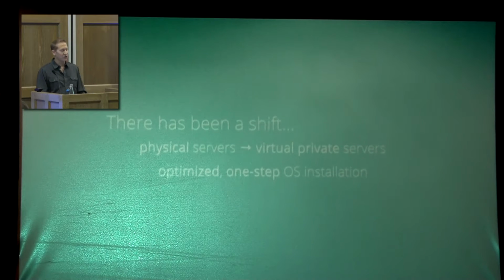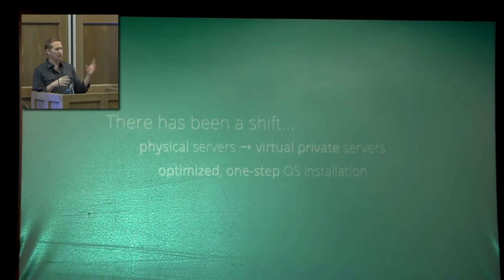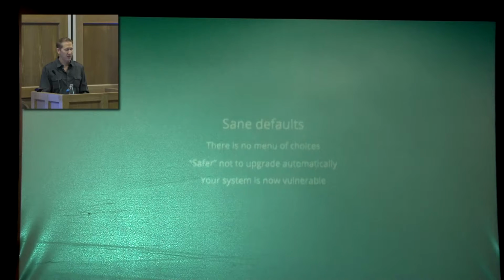Well, in this transition from physical servers to virtual private servers, that guided wizard approach isn't really followed anymore. And there are good reasons for that, as we'll get into, but the point is that instead they provide an optimized one-step, bam, here's your OS install, here's your prompt. The whole wizard business has been dispensed with.